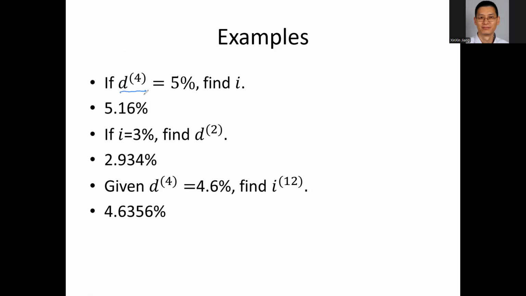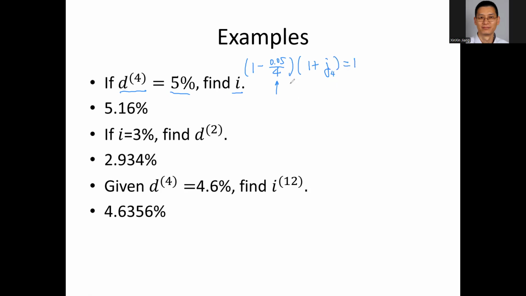All right, so we have this problem. We know that this nominal discount rate is 5%. We're looking for the annual effective rate. So you want to find the effective quarterly interest rate using this relation. So 1 minus 0.05 over 4 is the quarterly effective discount rate. And then you do 1 plus j, where j is the quarterly rate, that equals 1.